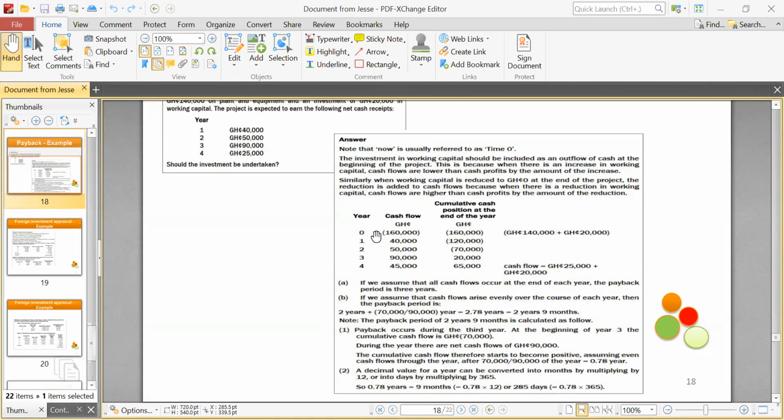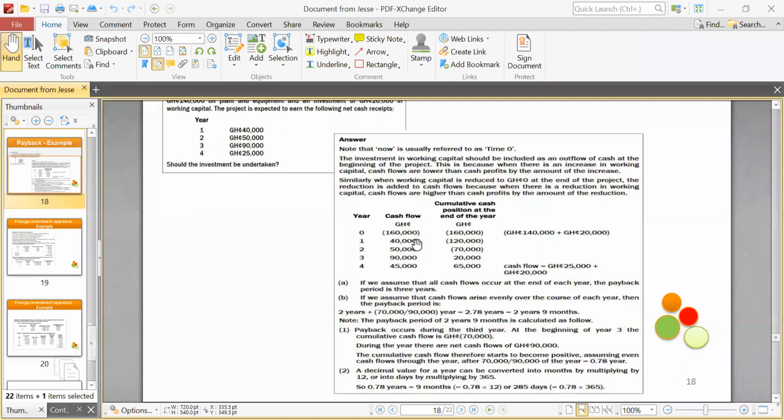Please, if you are not following, just say in the comments, because I'm trying to take my time for everyone to understand. So year zero will be minus 160, year one would be 40,000, year two 50,000, year three 90,000, year four 25,000.